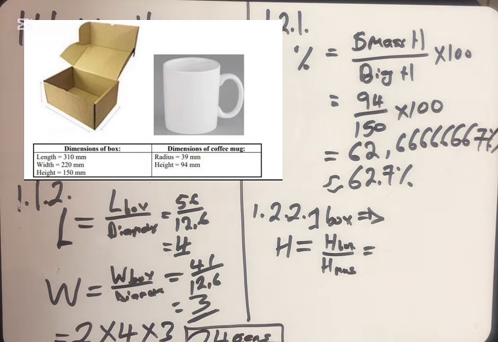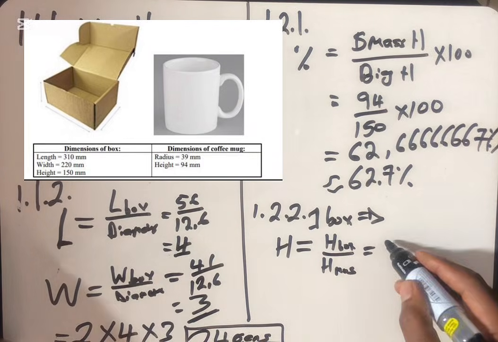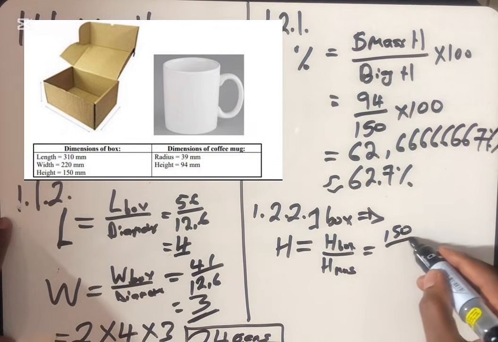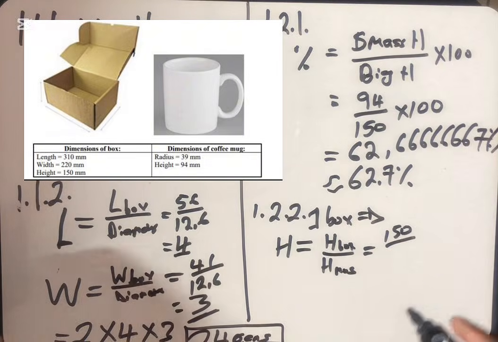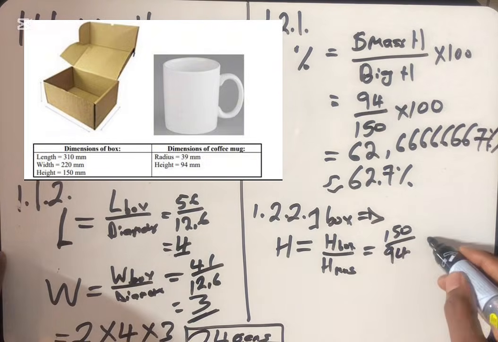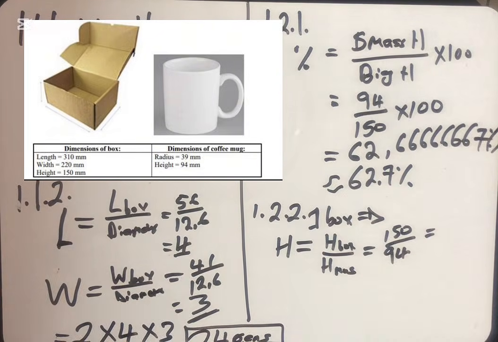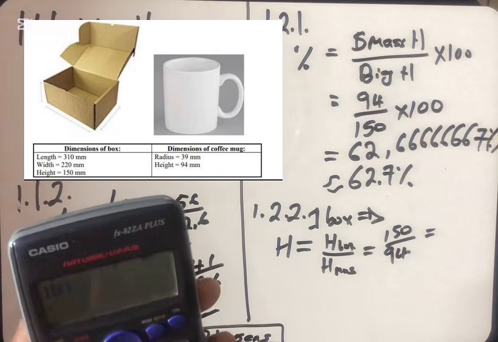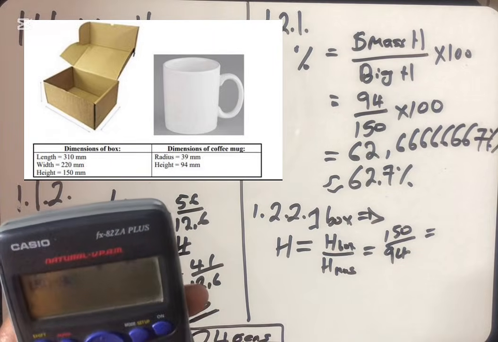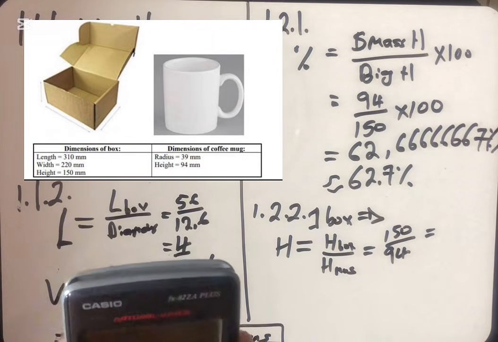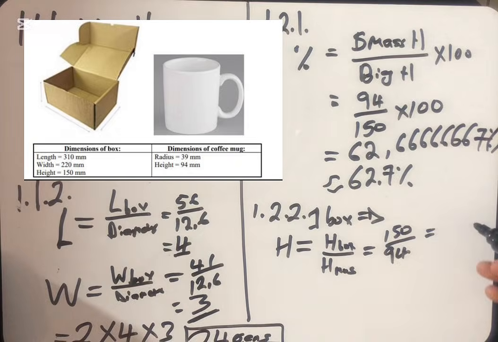If you look at the box here, we have 150, divided by the mug, which is 94. Then in respect of height, we have 150 divided by 94. Only one mug is going to fit in respect of height.